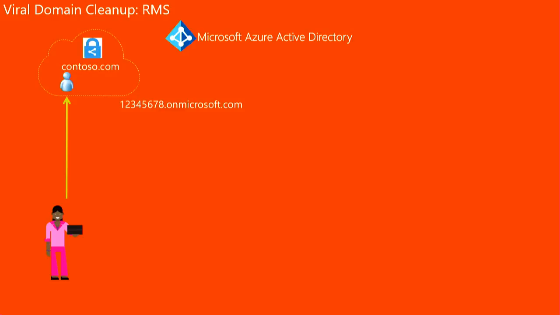Anytime you see onmicrosoft.com, that's an Azure AD tenant underpinning. Everything else sits on top of that: Intune, Office 365. Another user from Contoso.com signs up for it, and because he's got the same email domain, he'll just go into the same viral tenant. He has no awareness that there's a tenant here at all. He just wants to consume the service.